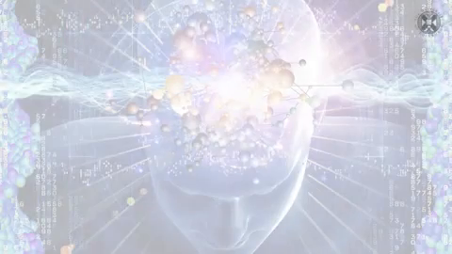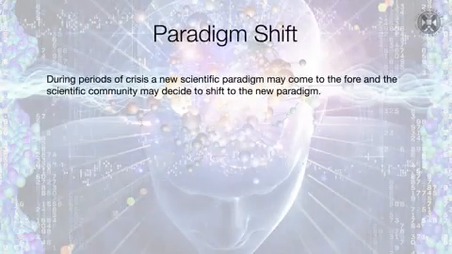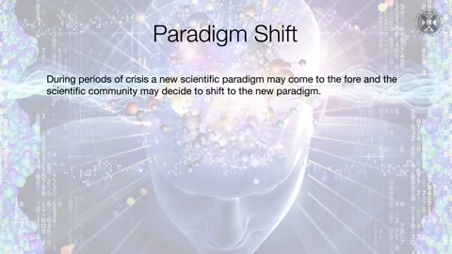During periods of crisis, a new paradigm may come to the fore, and the scientific community may decide to abandon the old paradigm and shift to the new one. This is what Kuhn called the paradigm shift.